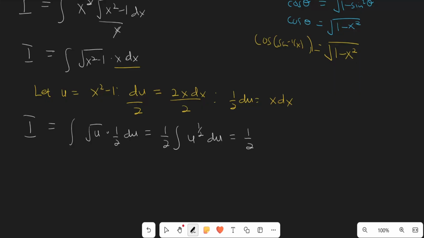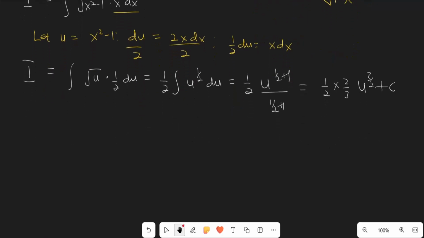And that is equal to 1/2 u raised to the power 1/2 plus 1, over 1/2 plus 1. And what is that equal to? That is 1/2 multiplied by, since this is 3 over 2, the reciprocal of that, 2 over 3, u raised to the power 3 over 2, plus the constant of integration.